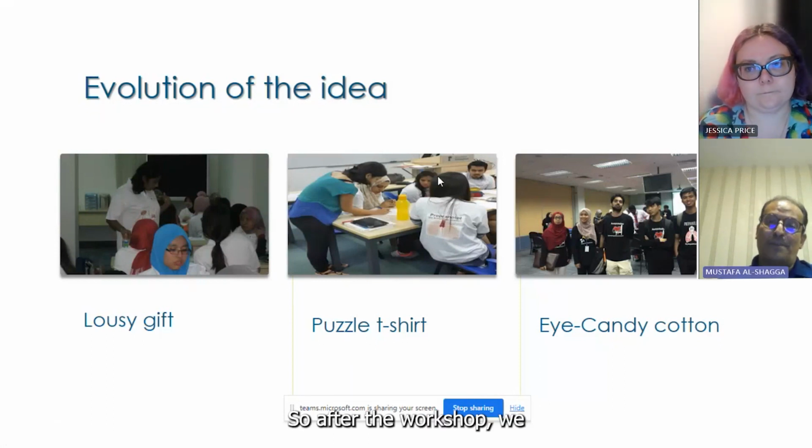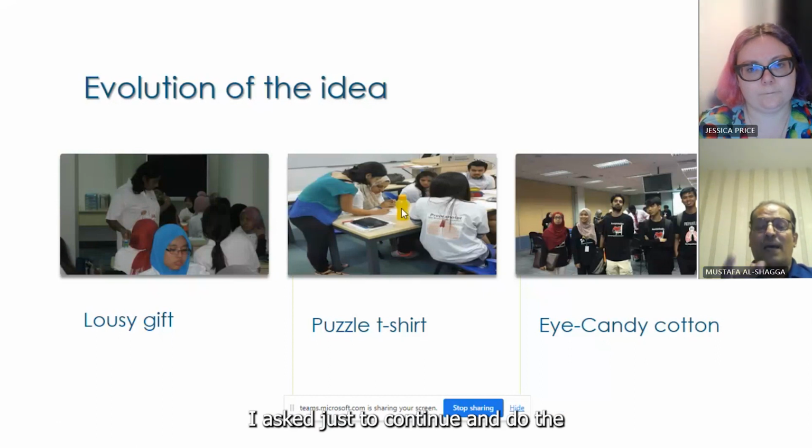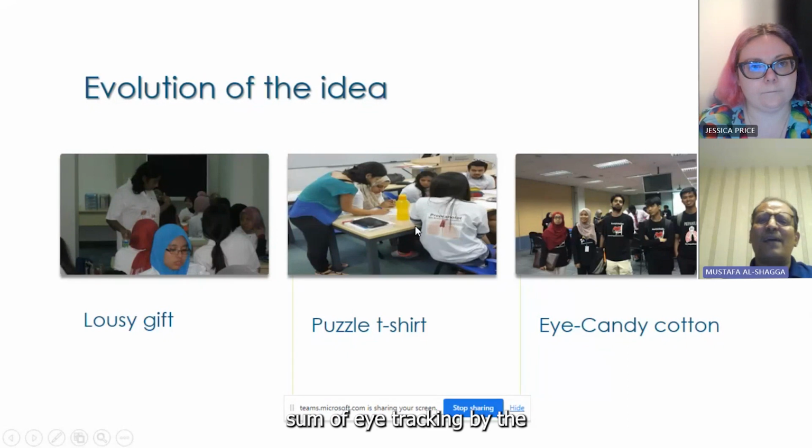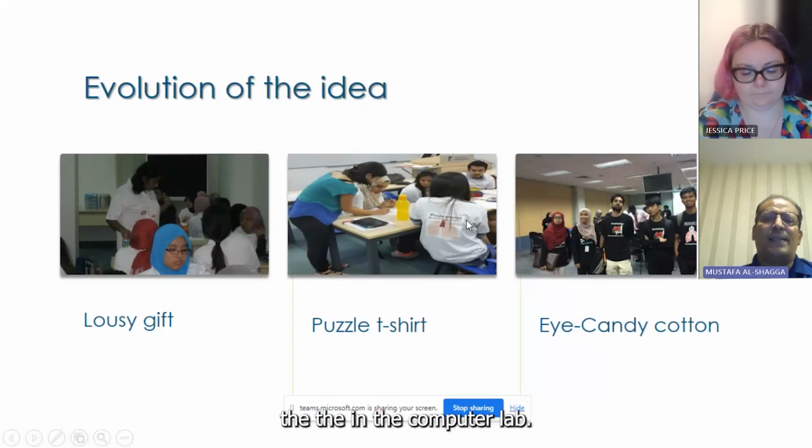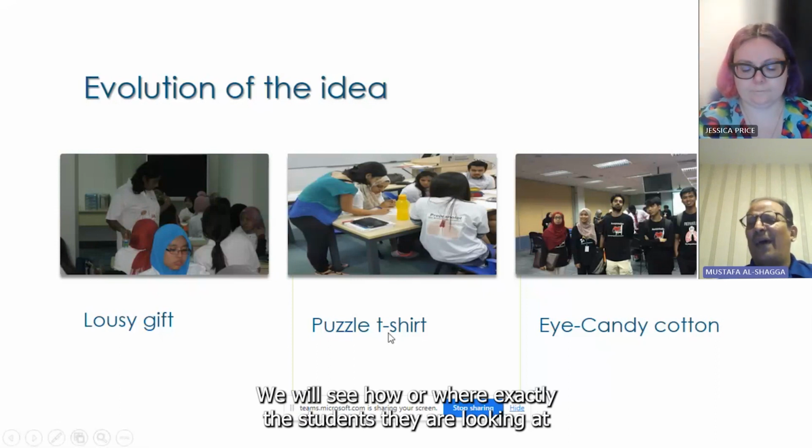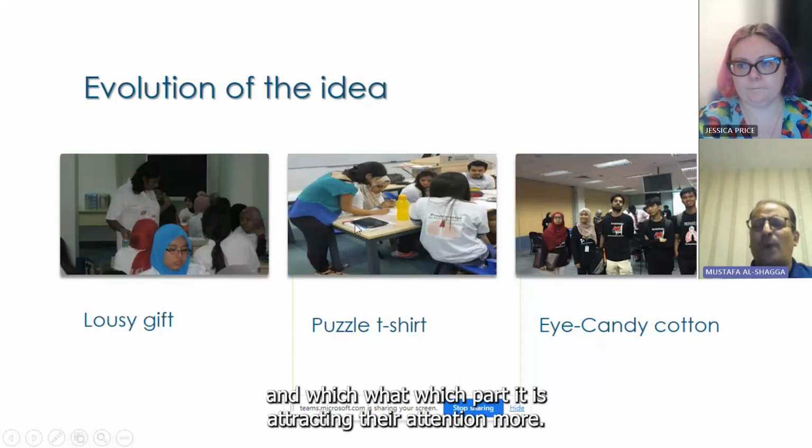So after the workshop, I asked Jess to continue and do some eye tracking in the computer lab. We will see where exactly the students are looking, and which part attracts their attention more.